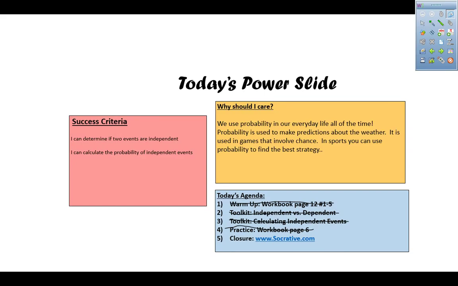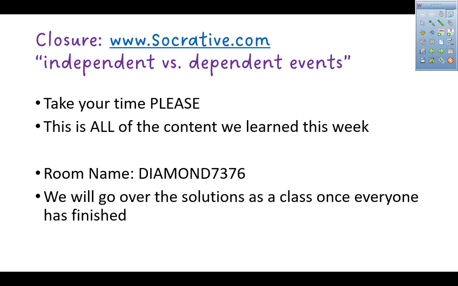All right. Feedback will pop up when you're done. Read the feedback. If there's any that are really red when I'm looking at this, like 50% of you got this problem wrong, we'll go over it when we're all done. Okay. We're going to go over the big ones when we're done. All right. So you are going to take your time, please. Okay. This is content from the whole week.